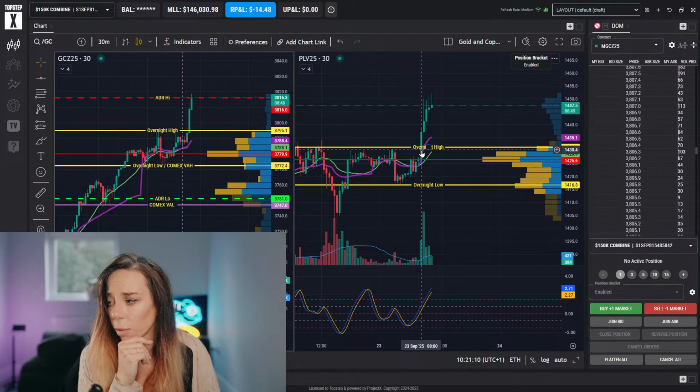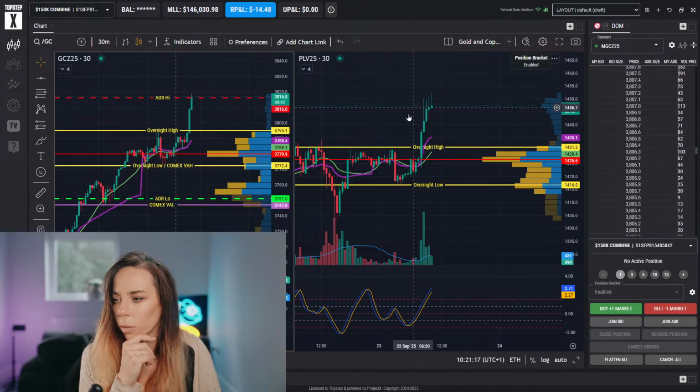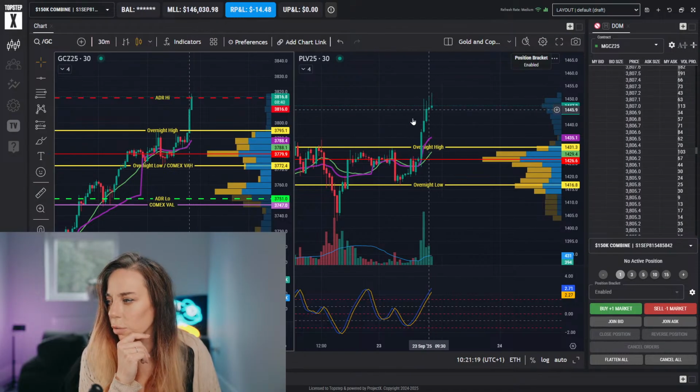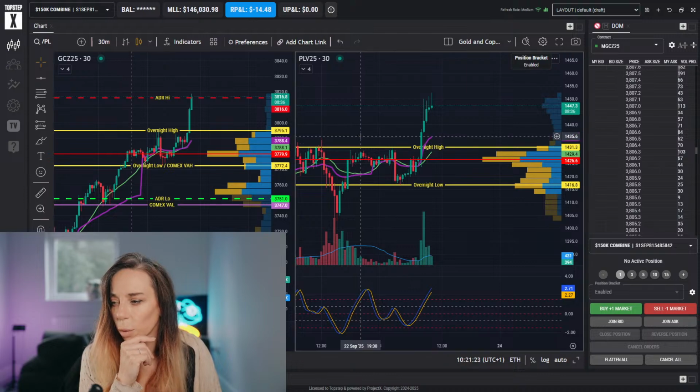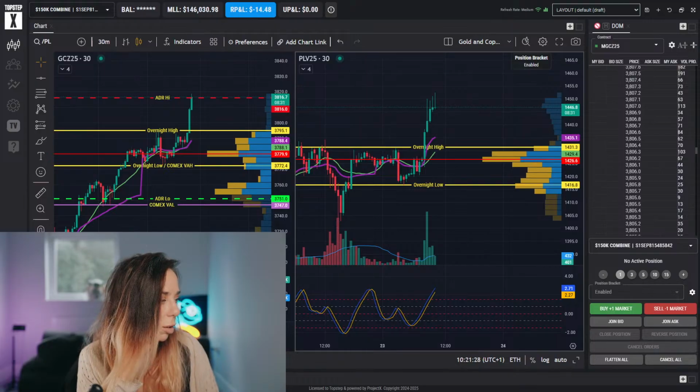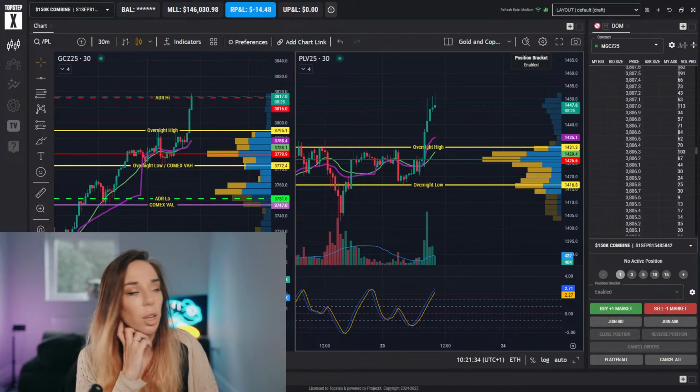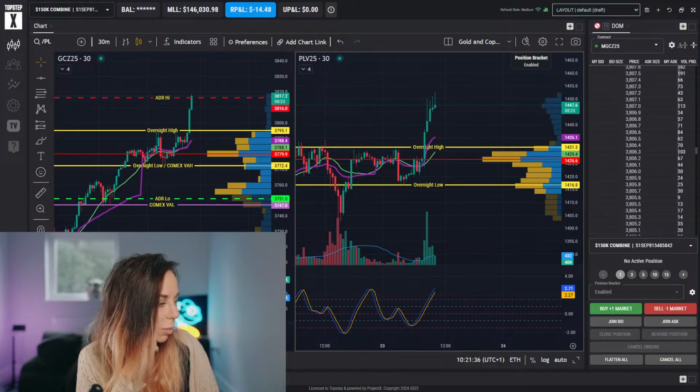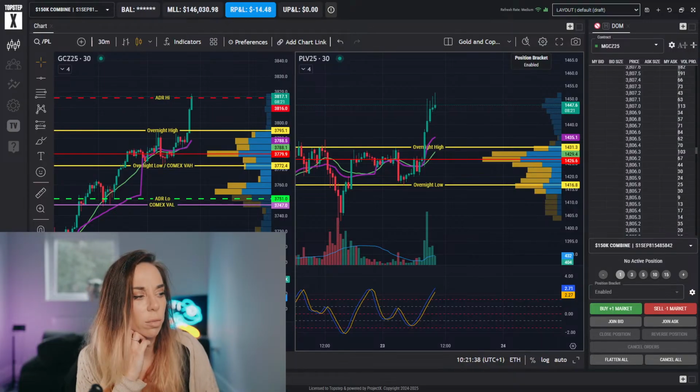It was early, and then it started to dilly-dally around. So if I was going to look for any sort of mean reversions, I think I would probably be focusing on platinum instead of gold. And the thing with platinum, once it moves, it just moves, and it doesn't take too long to actually get the 100 ticks that I'm after.